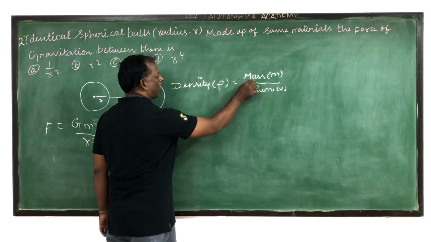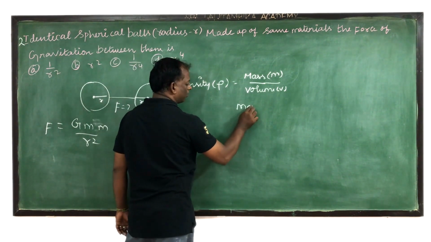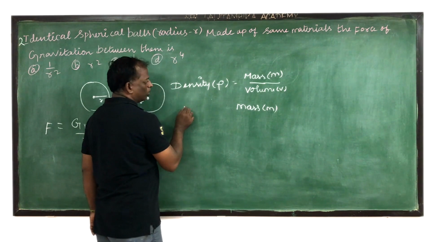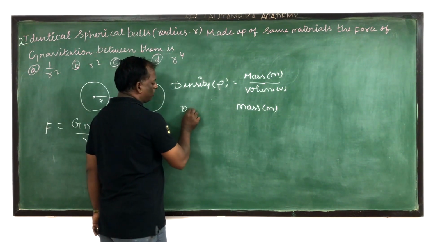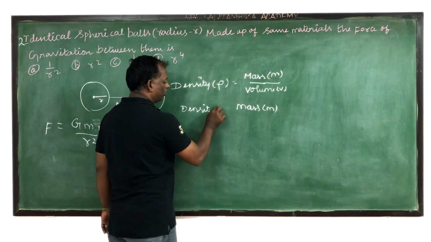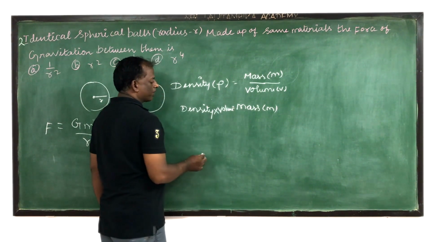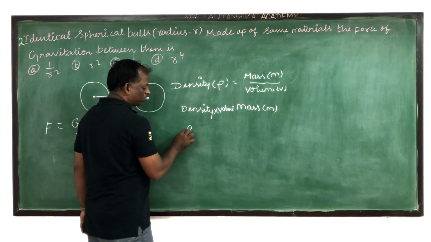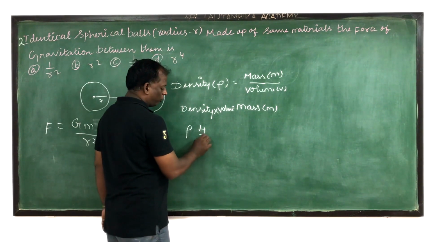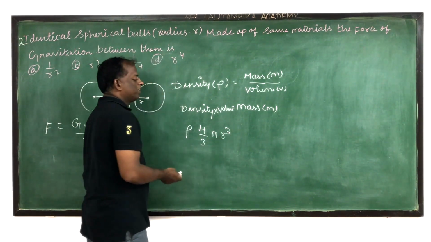Now we know the mass, so mass m is equal to density into volume. The symbol for density is rho. Volume means the volume of the sphere, which is 4/3 pi r cube.